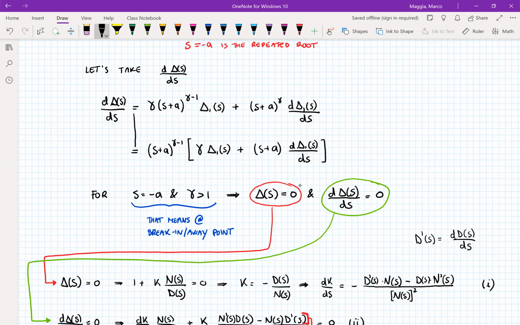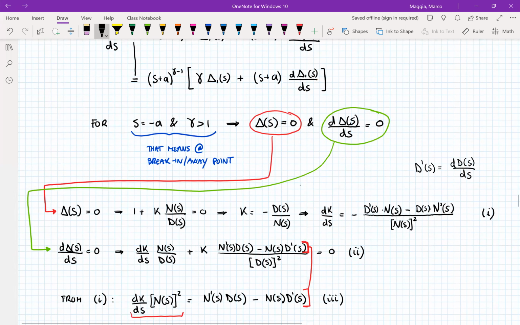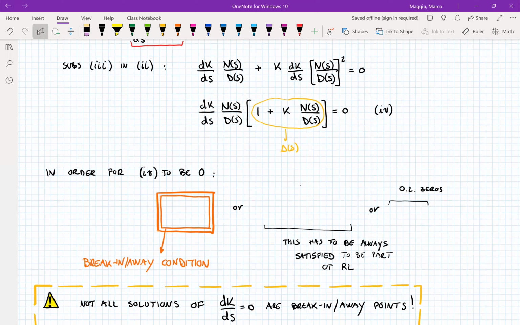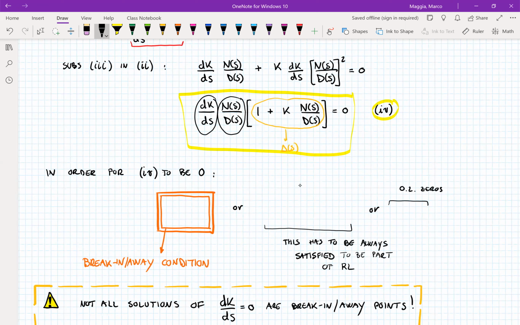So then here we have the start of the proof. So I'll just get to the bottom of it. You can prove that in order to have that condition, you have to satisfy this equation here, equation 4. So this equation is satisfied if either one of these three terms is equal to 0.